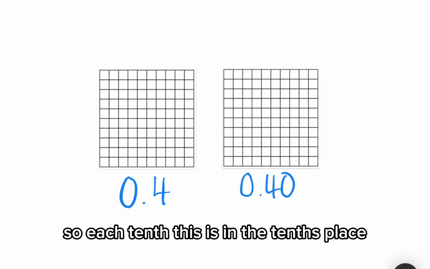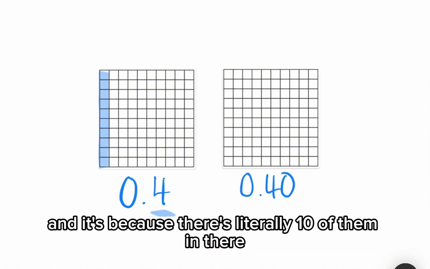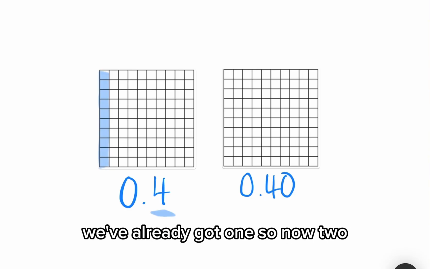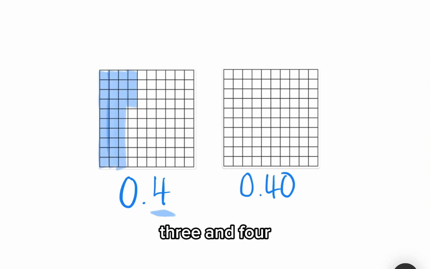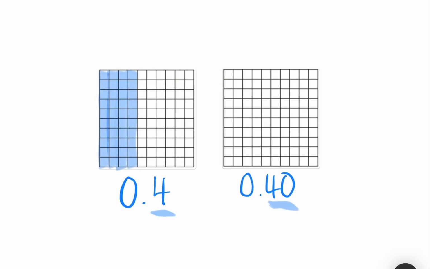Each tenth, this is in the tenths place, 1/10 is one big long rod that looks like this. And it's because there's literally 10 of them in there. So if we were going to shade in 4/10, we've already got one. So now 2, 3, and 4. However, on the other side, we've got 40 hundredths.